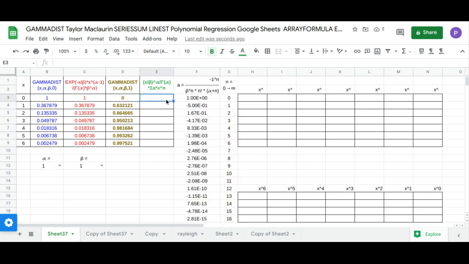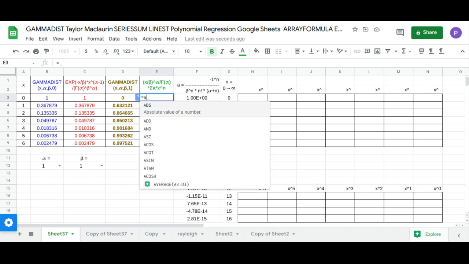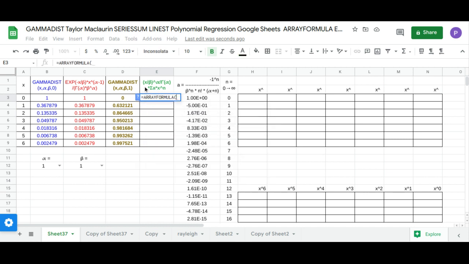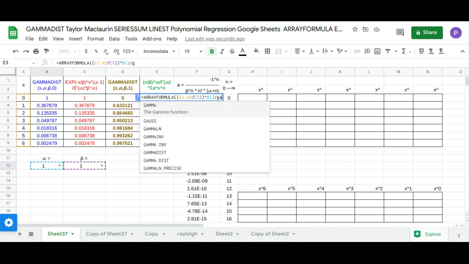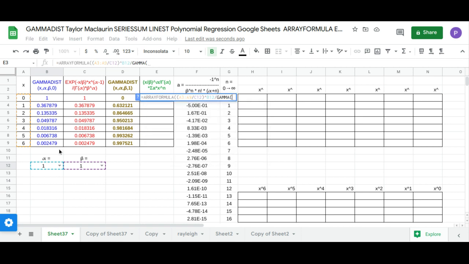Now we continue with the Taylor-Maclaurin series sum expansion. So array formula. The first portion is x over beta raised to the power alpha. That's the first part. And this is divided by gamma of alpha.